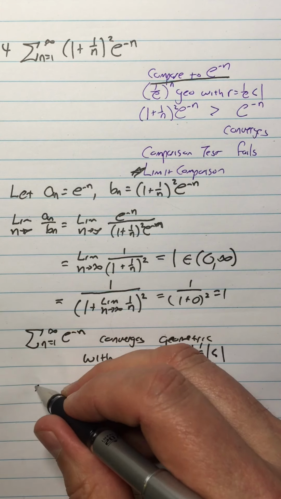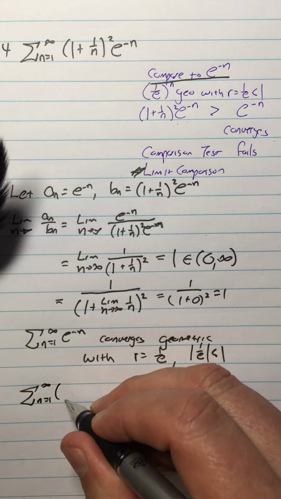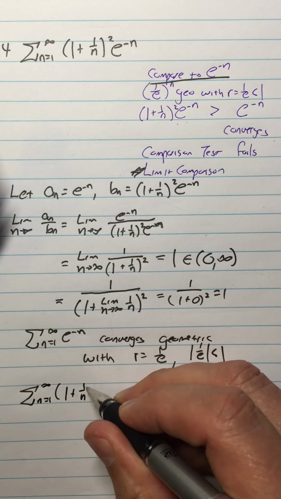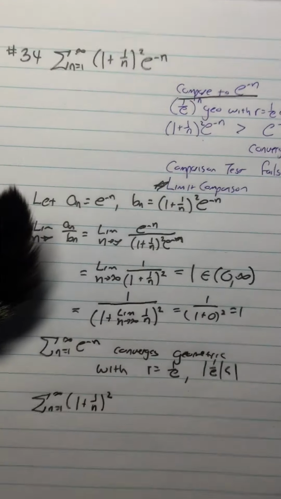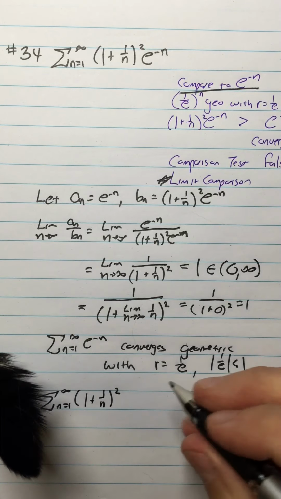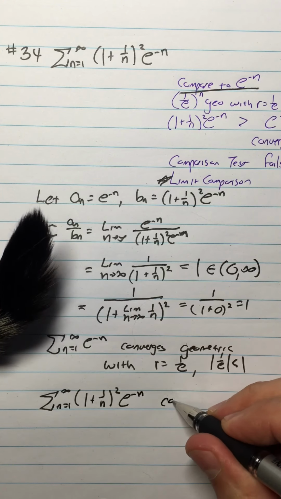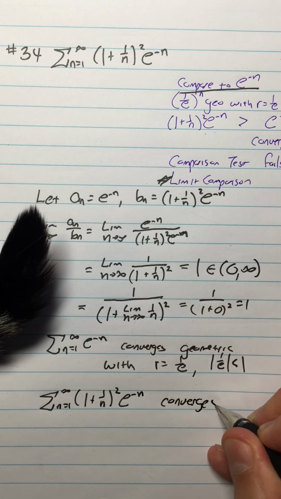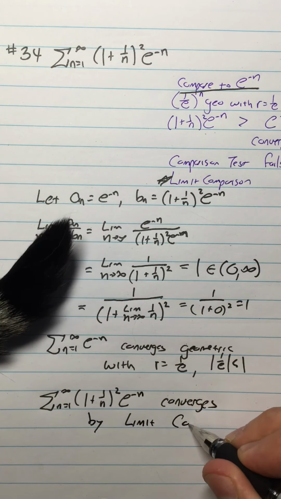And then I state my conclusion: sum n equals 1 to infinity of 1 plus 1 over n squared converges, because e to the negative n converges by limit comparison test.